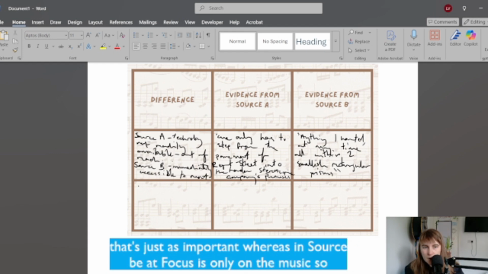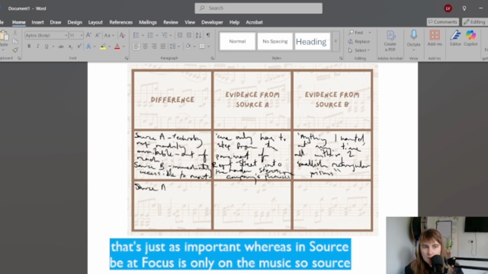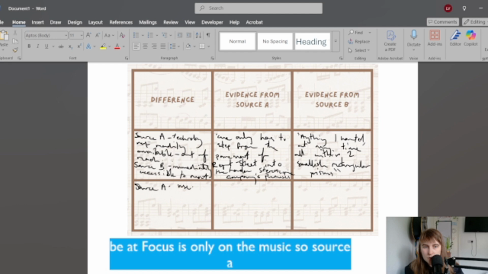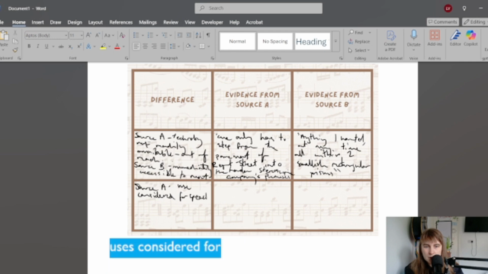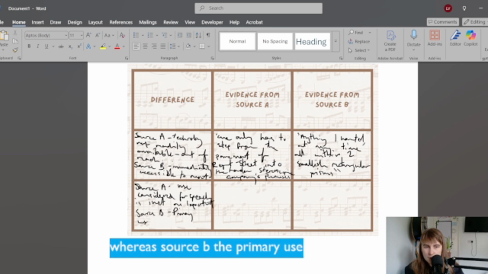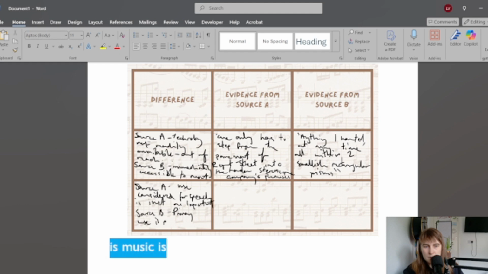So source A uses considered for speech is just as important. Whereas source B, the primary use is music, is playing music.